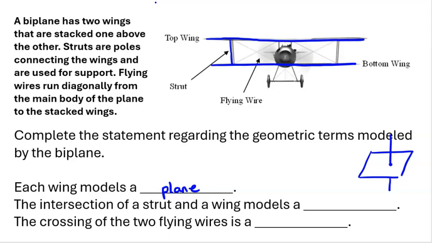And so that is going to be a point. So the intersection of a plane and a line is going to be a point. And then the crossing of two flying wires, we see that our flying wires are kind of like lines here. And so the point where they would intersect, okay, is going to be a point.